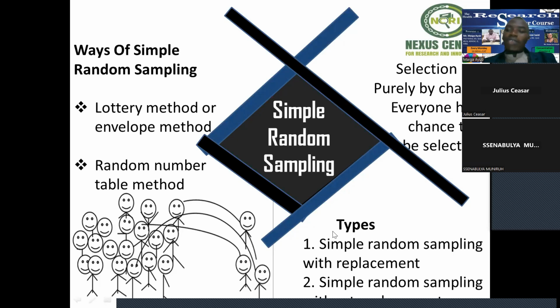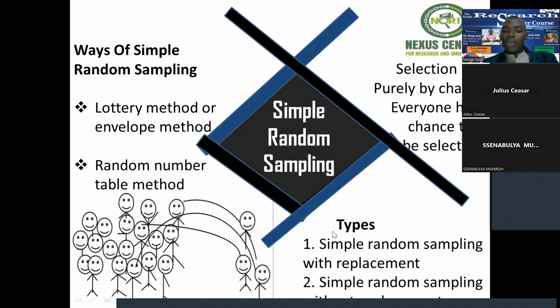So you pick out each paper from the bowl. The bowl consists of 10 people, but you want to pick only 5 or 3. So you pick 3 papers after the shuffle. Then those 3 papers you pick, you open the names, and those are the people that are going to participate in the play. So that is what we call simple random sampling.